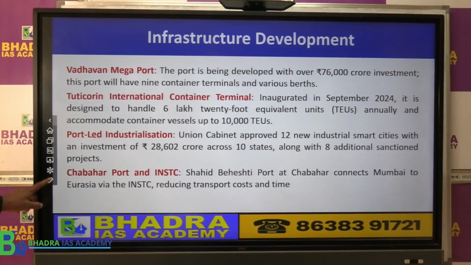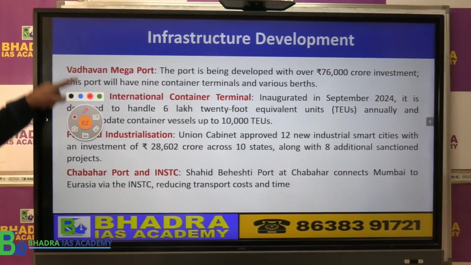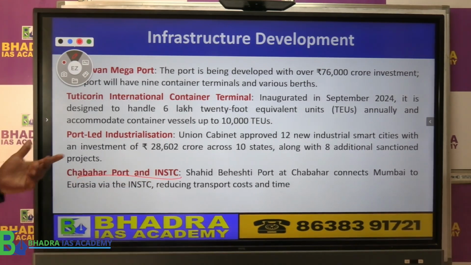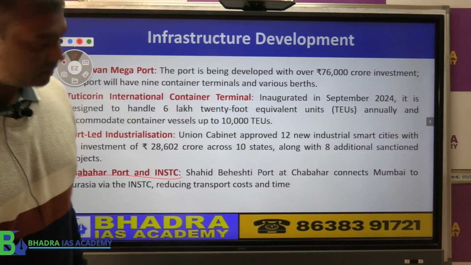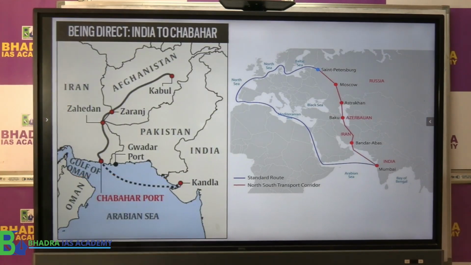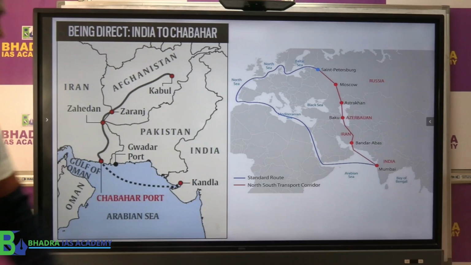This is interesting: Chabahar port and the INSTC. Now from Mumbai we are able to make a connectivity. This is the Chabahar port, and from there Kandla and down to Mumbai.